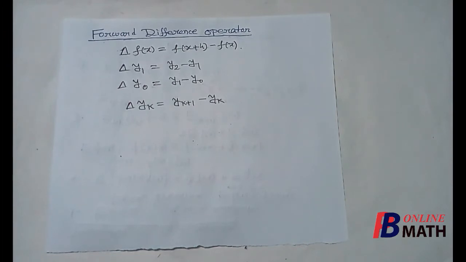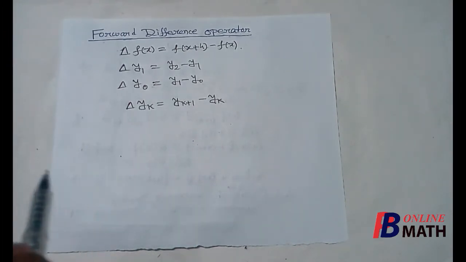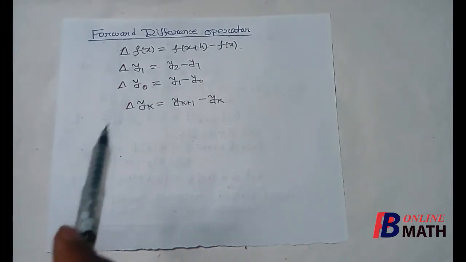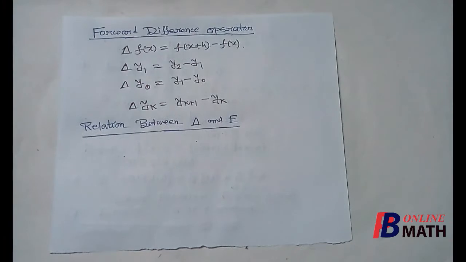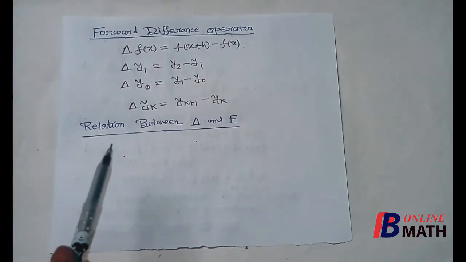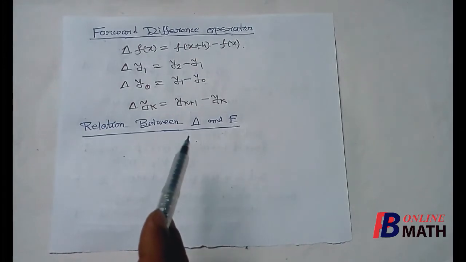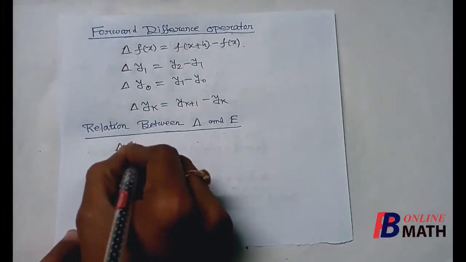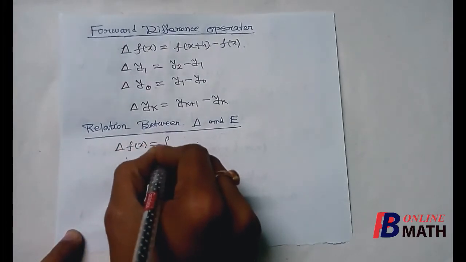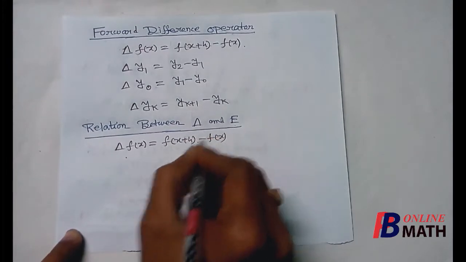Now before we consider the higher order difference operators, that is delta square, delta cube, we first find a relation between this forward difference operator and shift operator. So we find a relation between delta and E. Now we know that if we apply this forward difference operator on f(x), we shall get f(x+h) minus f(x).